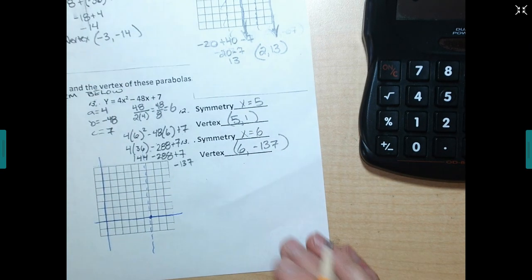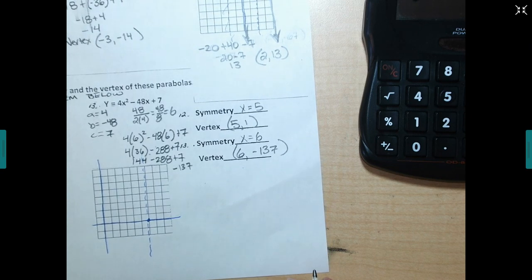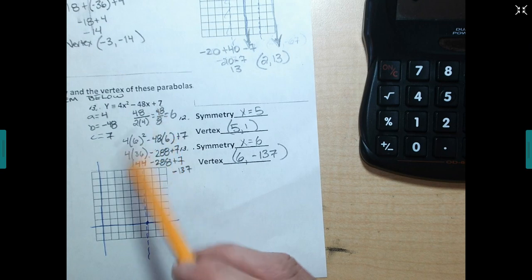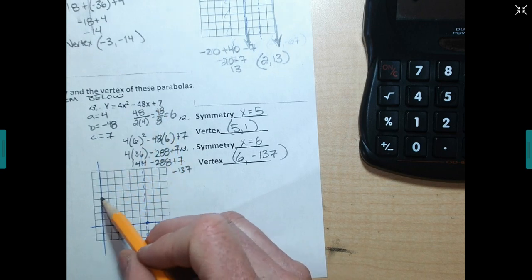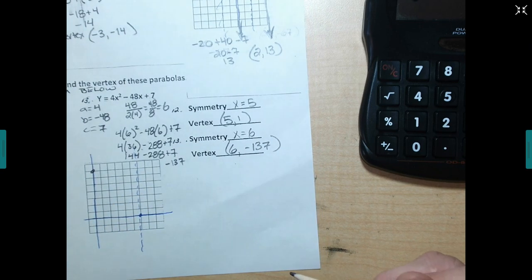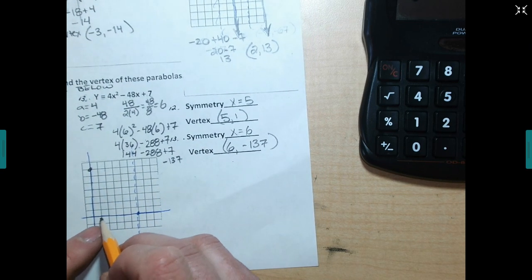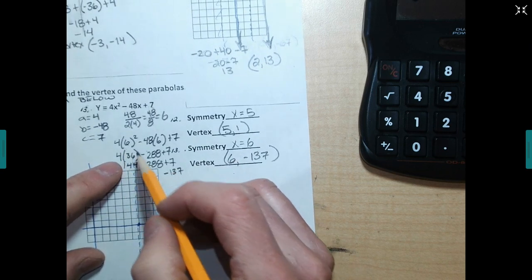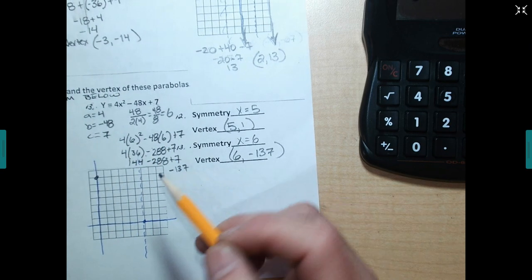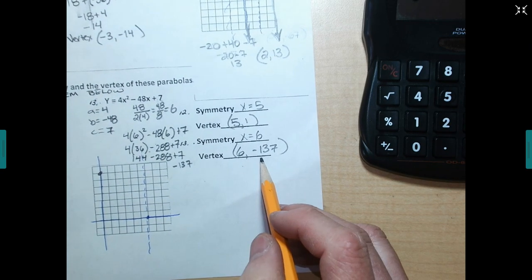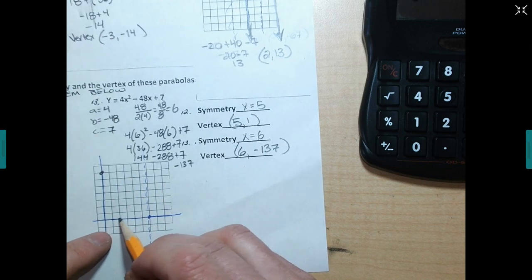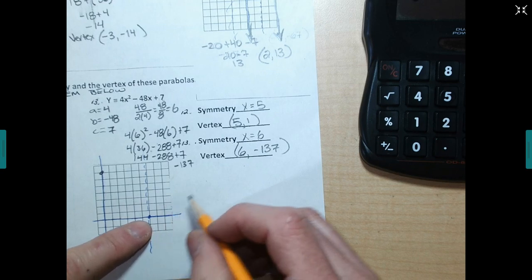Boy, I'm going to double check that one, because it says that my y-intercept is at 7. 1, 2, 3, 4, 5, 6, 7. So that's going to be a pretty steep climb. Let's check. Yeah, okay. There's our vertex, 6, negative 137. Let's double check 5.